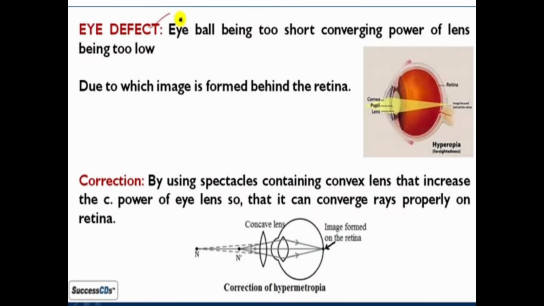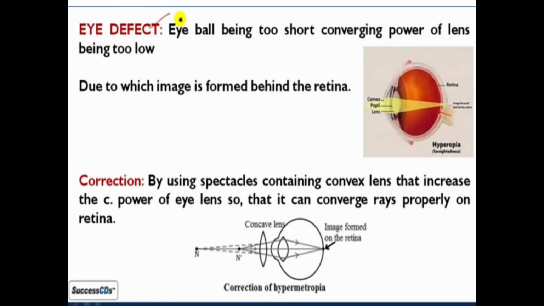In hypermetropia, due to the shortening of the eyeball, the converging power of the lens becomes too low, due to which the image is formed behind the retina. In myopia, the image was formed in front of the retina, which was not recognized by the brain, and in hypermetropia, the image is formed behind the retina, which is also not recognized by the brain.